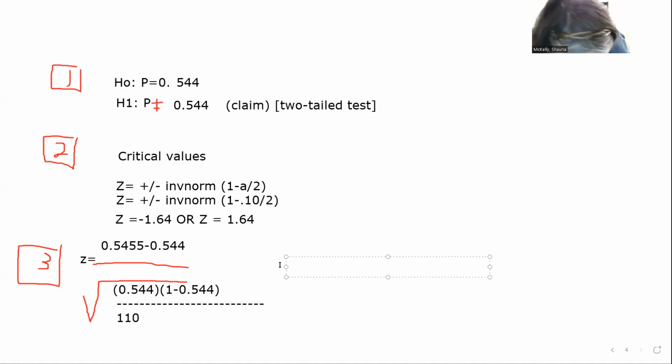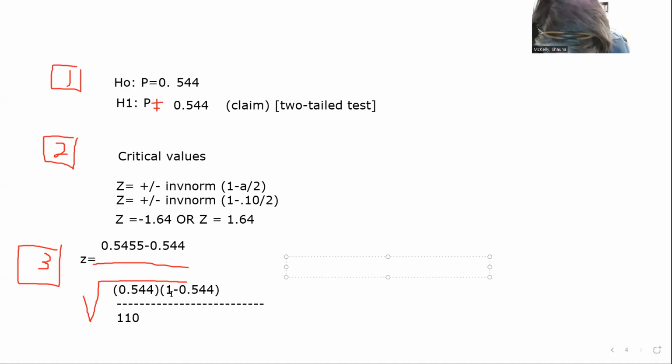Z is equal to 0.544, 1 minus. My top is going to be 0.5455 minus 0.544.